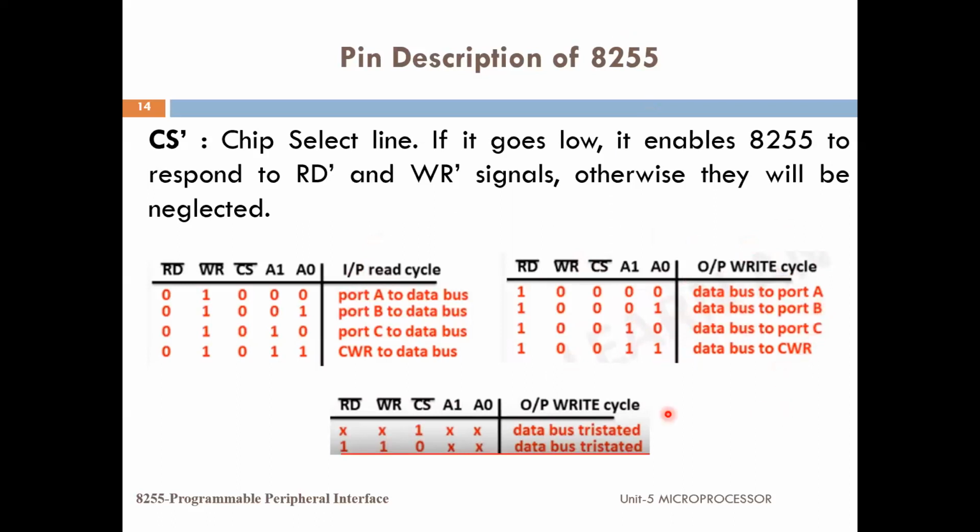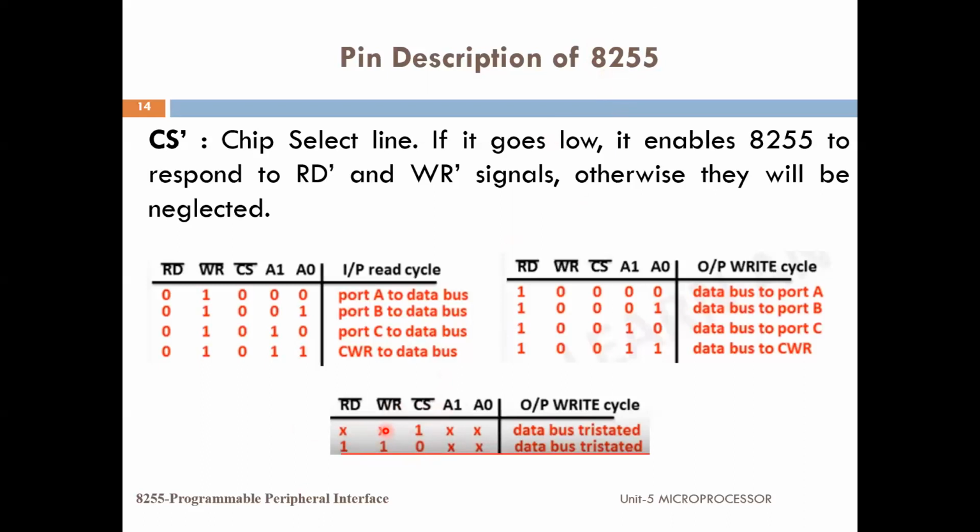Now let's have a look at the third table. In this table you can notice the chip select input signal has the value 1, which indicates that it is active high. If it is active high, it means the 8255 will be disabled, and we will have the don't care condition at the other inputs, which indicates we can have either 1 or 0.